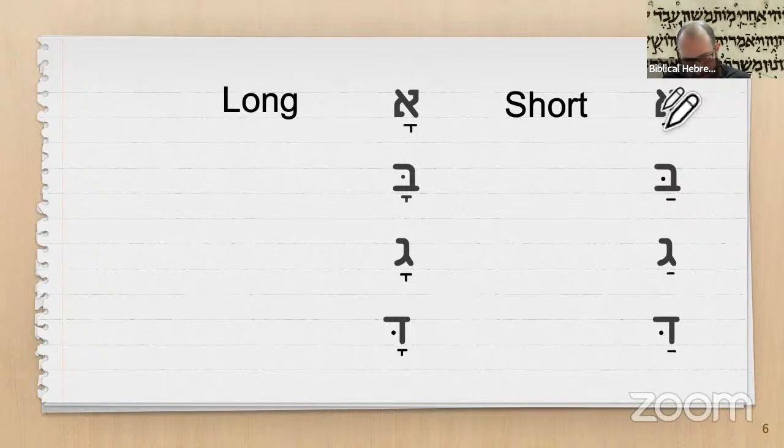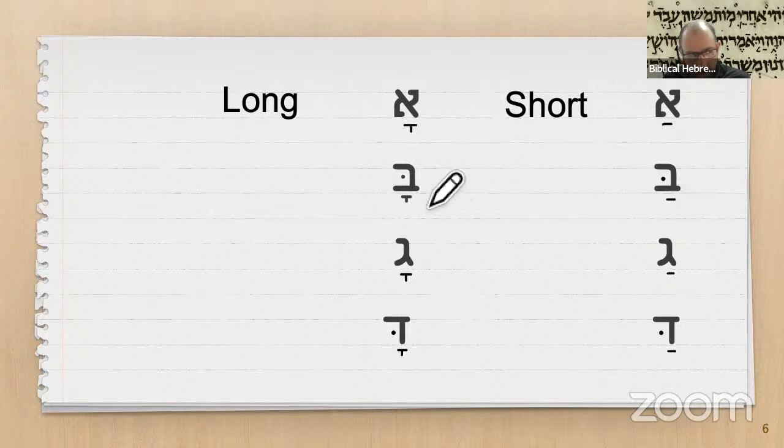So this is the short one, the patah, where we say a. If you see a letter with a line and a T, a line down and a T, you say kametz gadol.